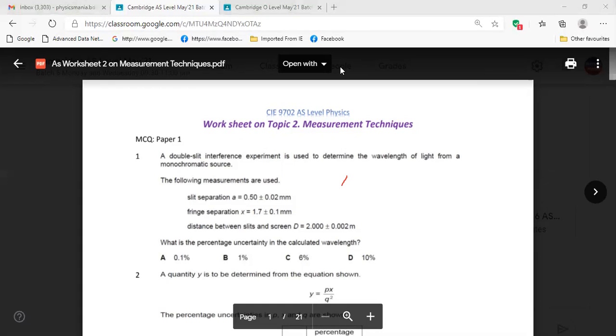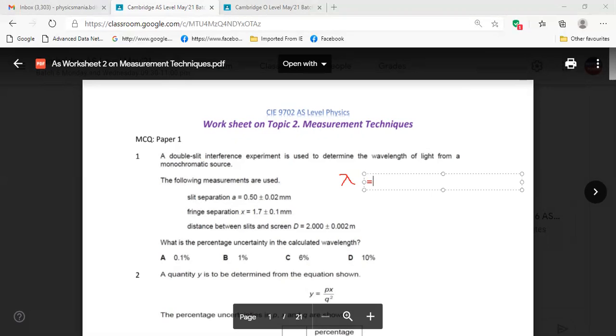Distance between slits and screen D is 2.000 plus minus 0.002 millimeter. What is the percentage uncertainty in the calculated wavelength?